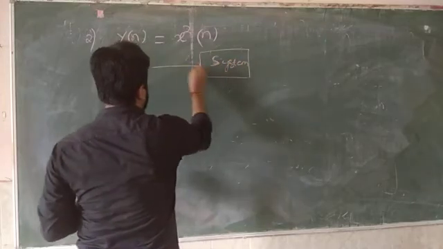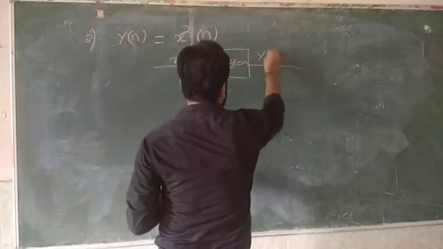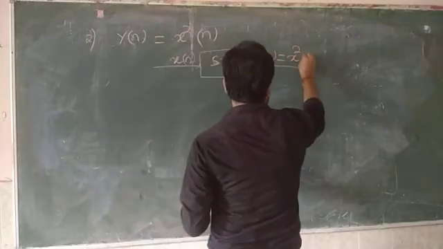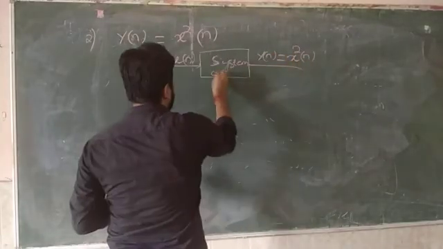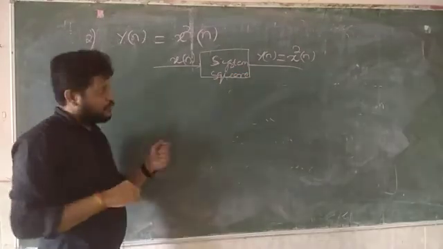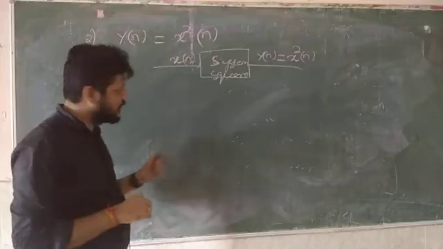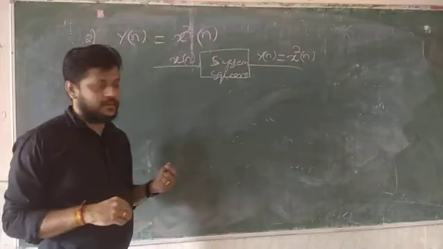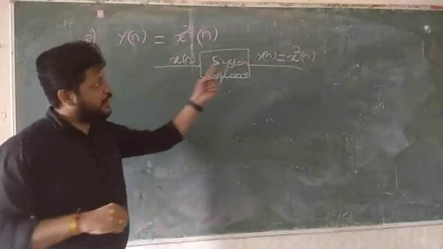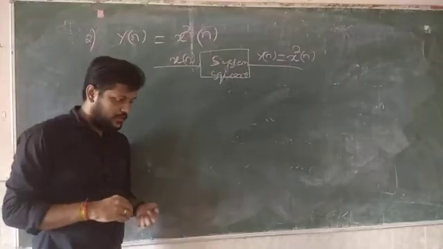Whatever we apply as input xn, we get the response yn as the square. So obviously this is a square system. You have all studied about this squaring system in communication, such as the square law modulator. We apply xn and get the response x square. So obviously this is a square system.